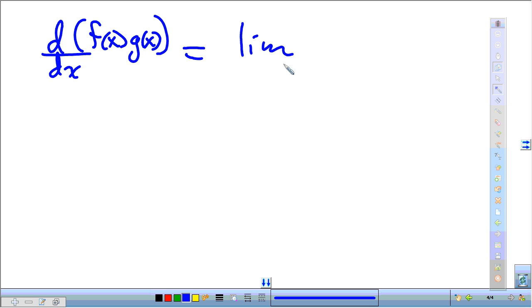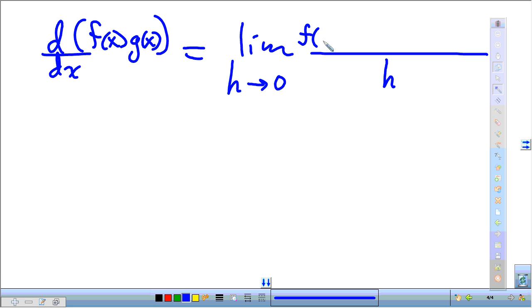That would be, from the definition, limit as the change in x, or here I call it h, goes to 0. So that over that h, and then they would have this expression, the product of the two, evaluated at some x, and then add on the change to get the new height of the function. So change in y over change in x, take the limit as h goes to 0.